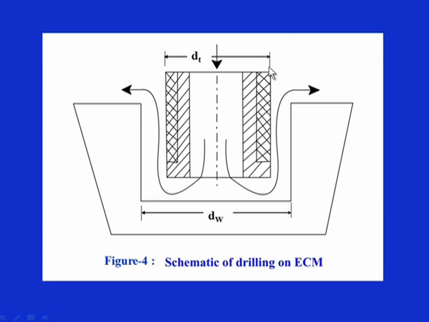So, this is the tool diameter dt, which is employed as one of the electrodes. This is the passage kept for the electrolyte flow, and this is the resulting diameter because of this ECM action, and whatever this amount is sidewise is considered to be overcut. So, overcut will be on both sides, this way and this way.